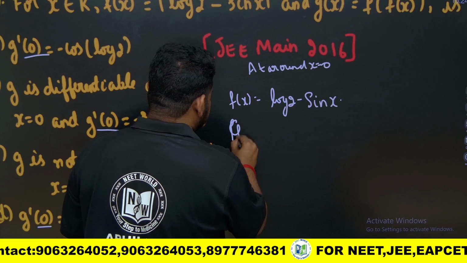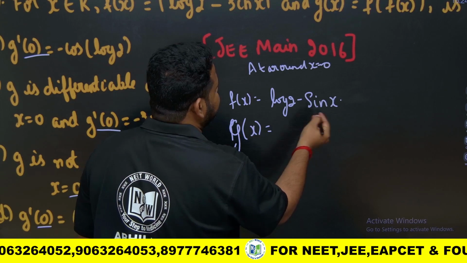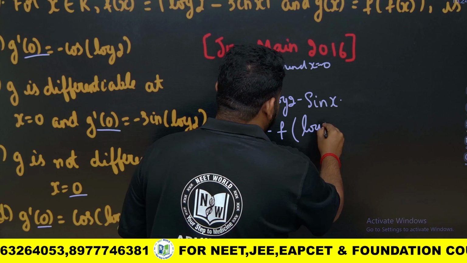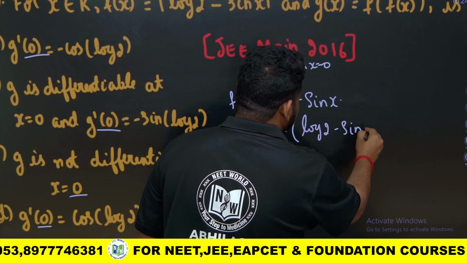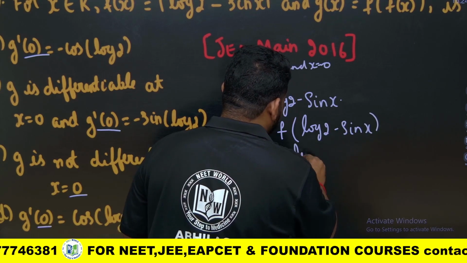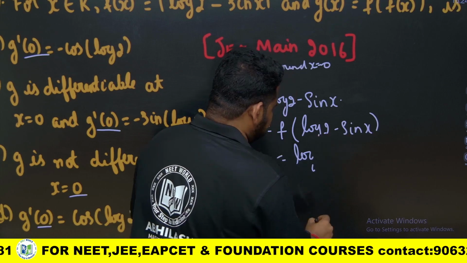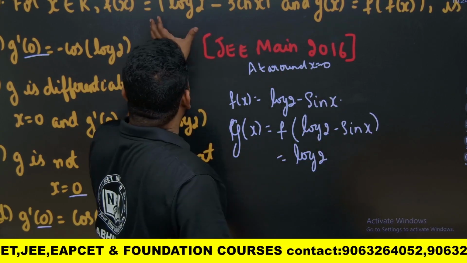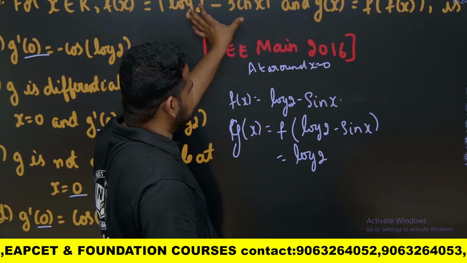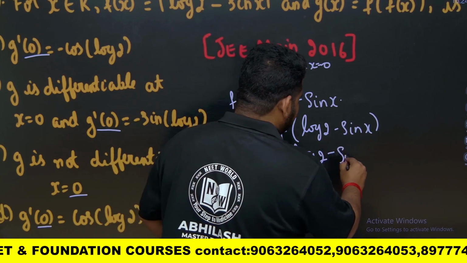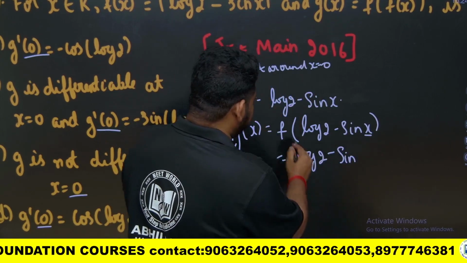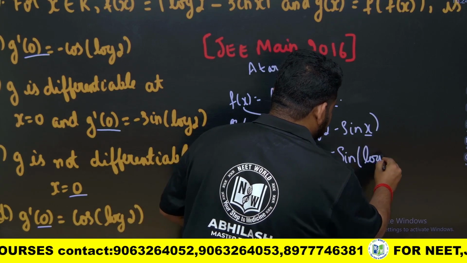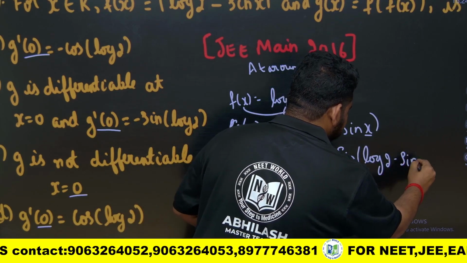G of x is nothing but f of f of x, that is log 2 minus sin of, wherever x is there, I have to put the value of f of x. So, instead of x I put log 2 minus sin x, giving log 2 minus sin of log 2 minus sin x.